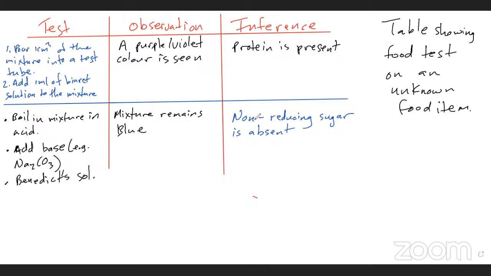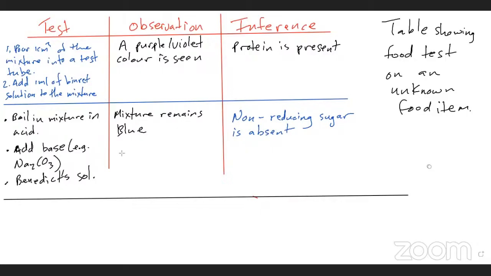If non-reducing sugar was present, what would have been your observation? It changed from blue to yellow to orange to red. So if it was not present, it would stay blue, but if it was present, it would be brick red.